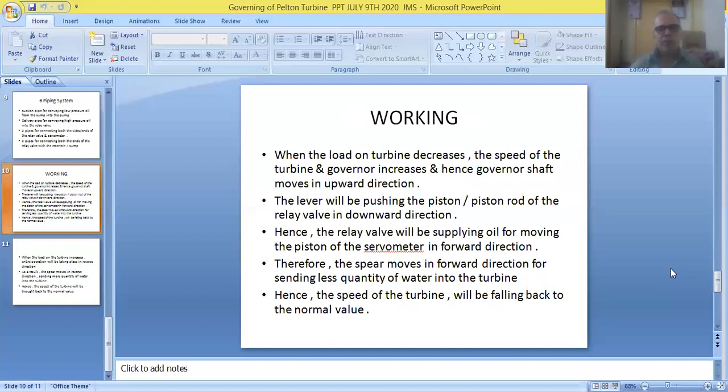Now the working of the arrangement, the details of which are given in this slide. When the load on the turbine decreases, the speed of the turbine and the governor increases, and hence the governor shaft moves in the upward direction.